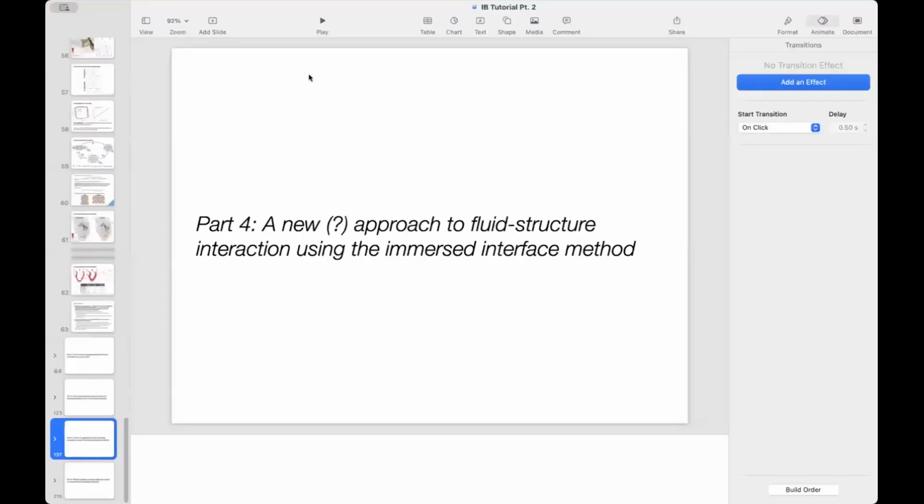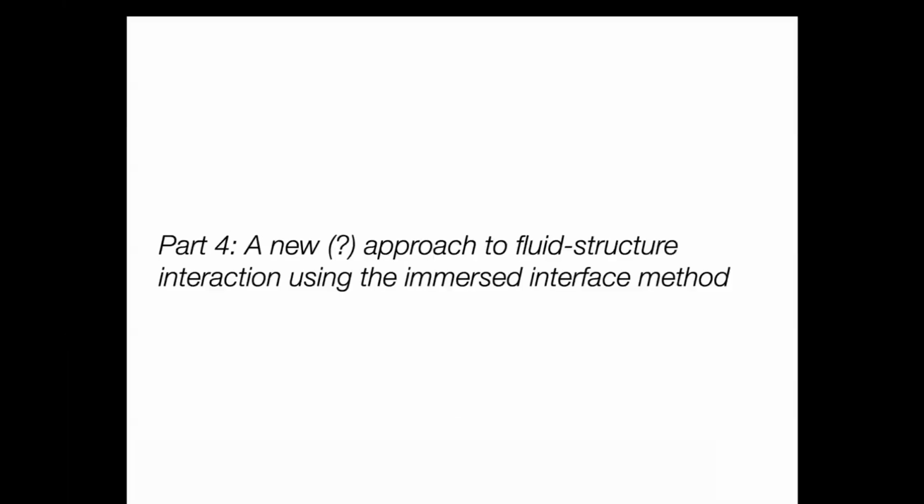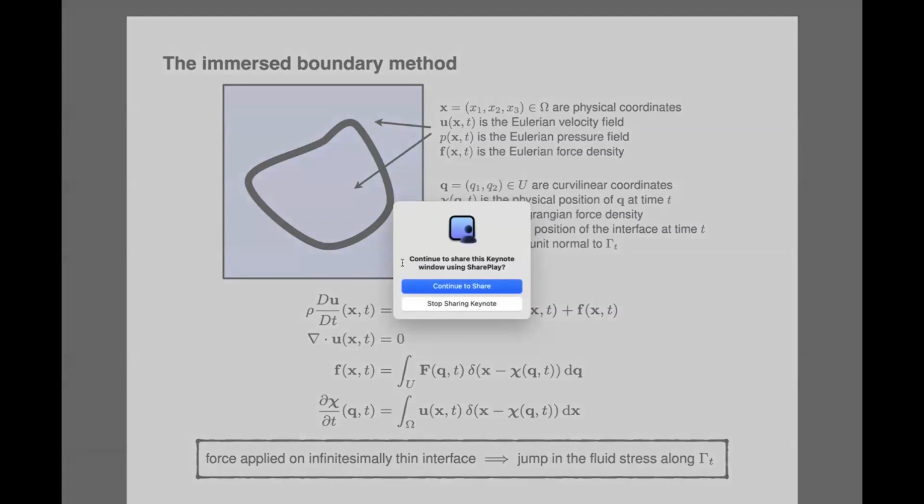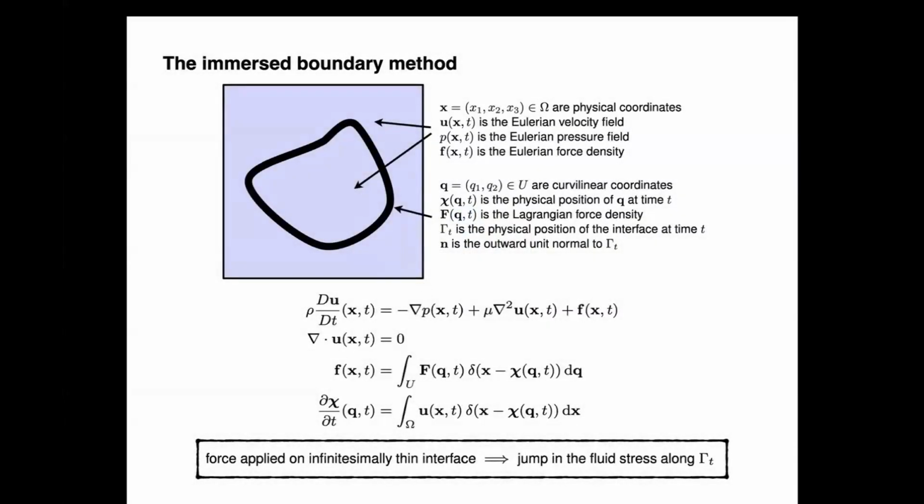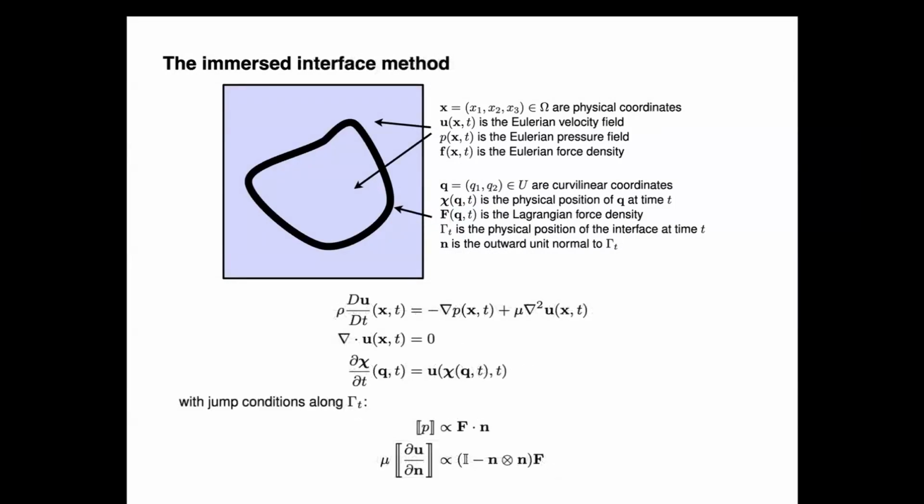So we've been building for a while support for immersed interface methods in IBAMR. The idea is, if you have a singular force along a boundary, you can use that singular force to figure out stress jump conditions. The lowest order ones: the normal component of the force gives you a jump in the pressure, and the tangential component of the force gives you a jump in the shear stress.